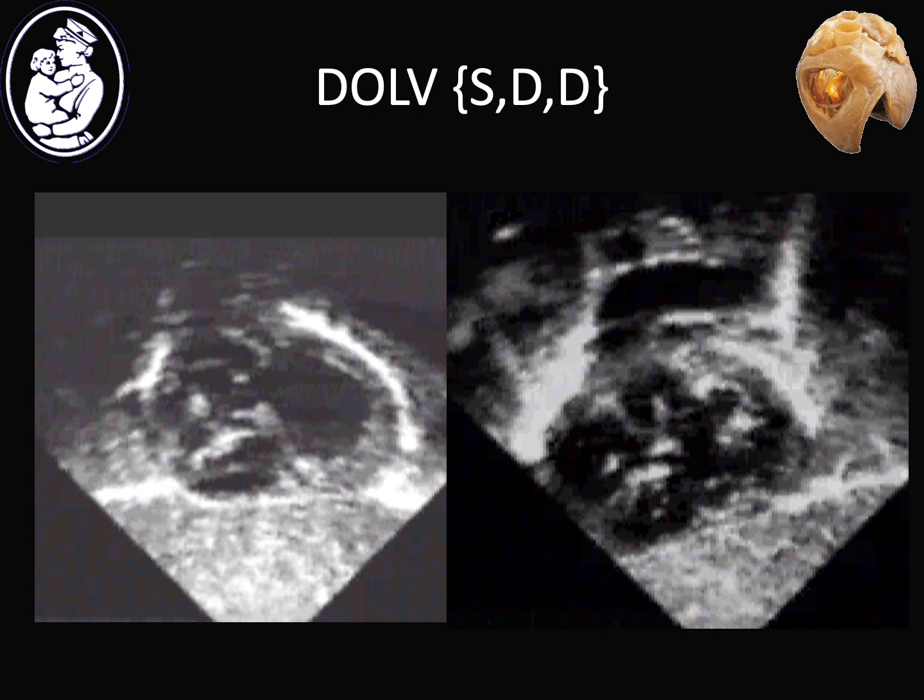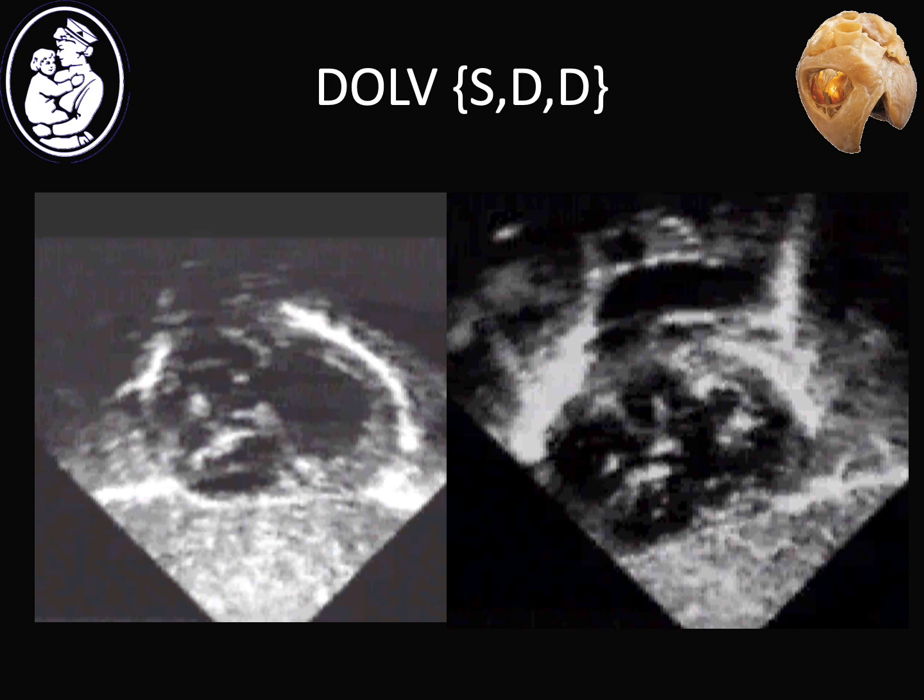In the subxiphoid short axis view on the right, we again see the large overriding aortic root, which is very low and in continuity with the tricuspid valve and the mitral valve. In addition, the pulmonary outflow tract is seen posterior and leftward of the aorta.